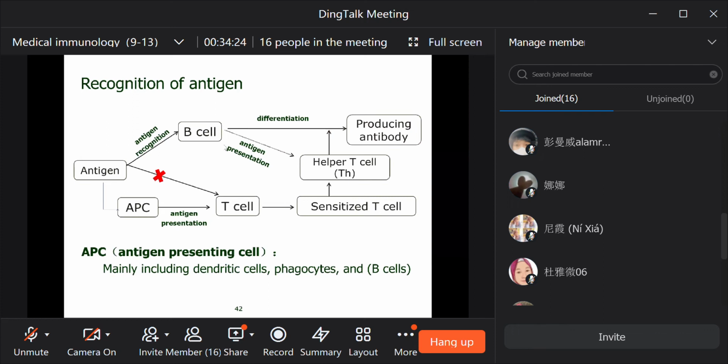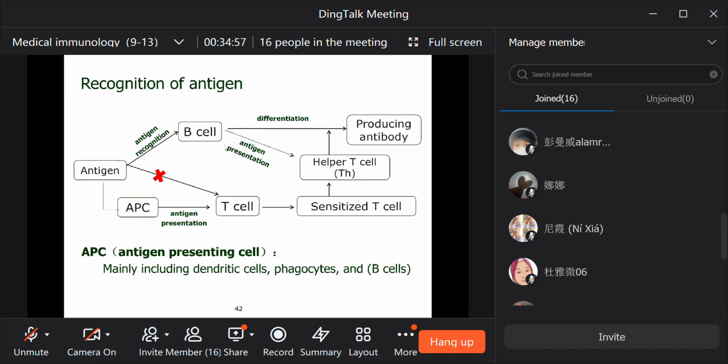Only with the help of the APC does the T cell get the fragment of the antigen. Like this, the T cell gets the signal for the antigen and further differentiates into the sensitized T cell.